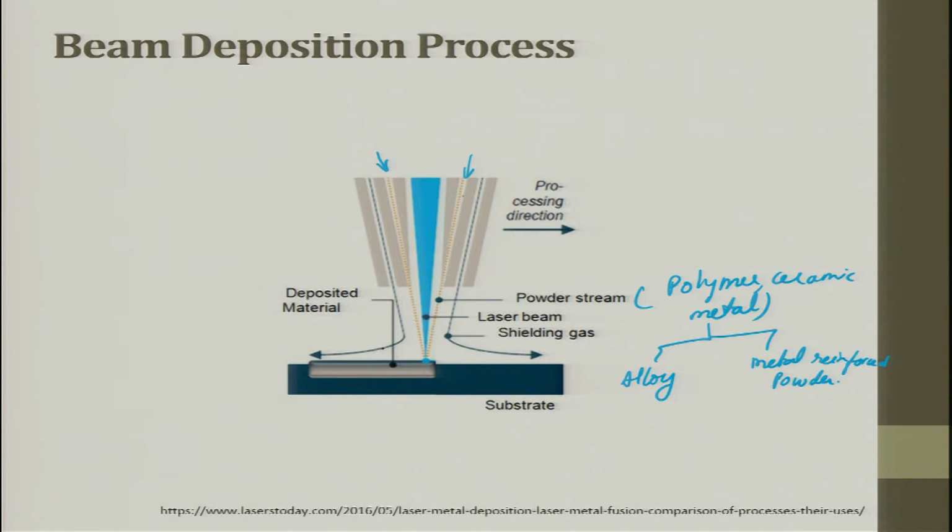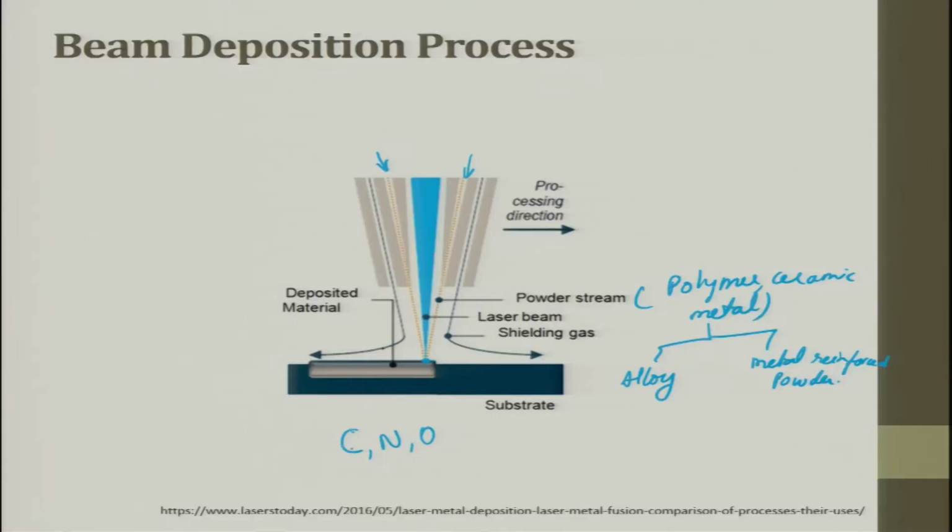So, when this powder melts, when it reacts with the atmosphere, it is going to form compounds. Say for example, you have a carbon rich, nitrogen rich, or oxygen rich atmosphere around. So, the powder, whatever is there in the molten condition, where the diffusion can happen very fast, can form carbides, or it can form a ceramic material on top of it, which might functionally degrade or deteriorate the usage of this part in real time.